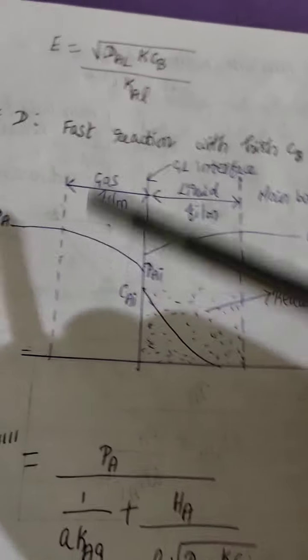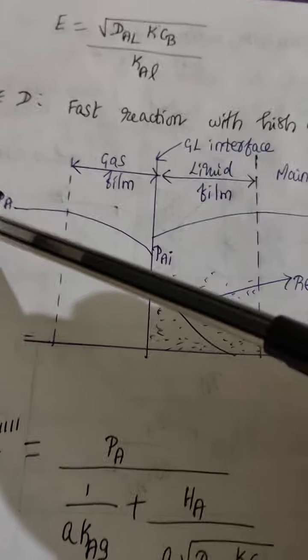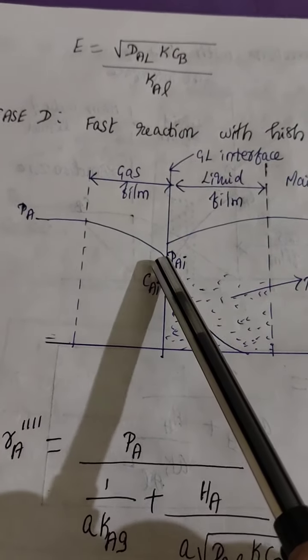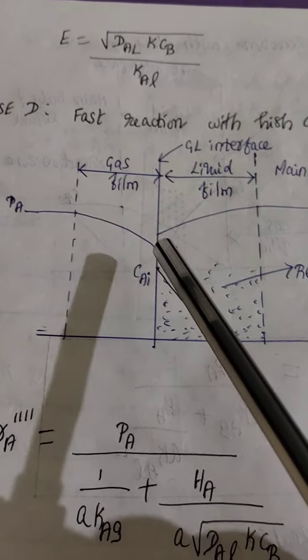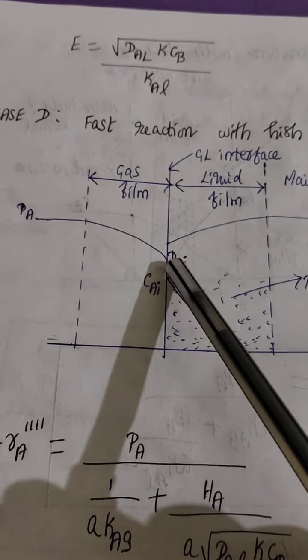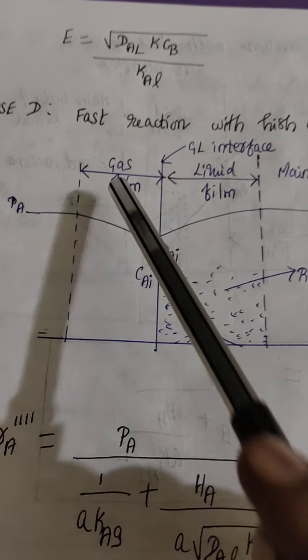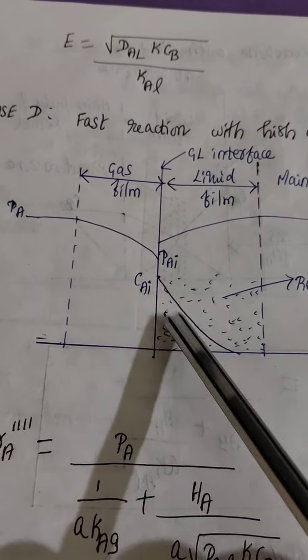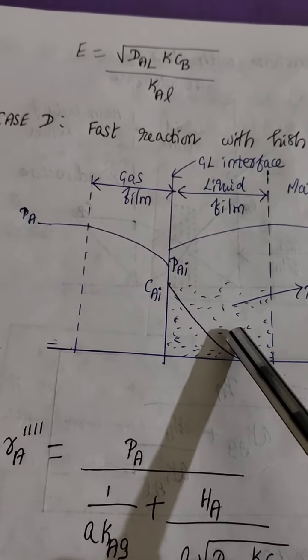And here we can find that the concentration of gaseous reactant A moves towards the liquid reactant, and there is a decrease in concentration. This is due to the mass transfer resistance, and here there is a spread of the reaction zone.